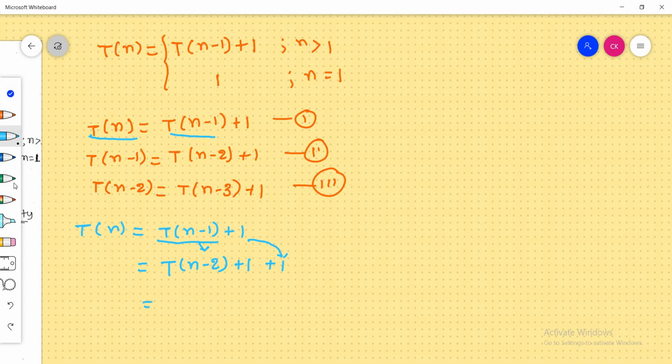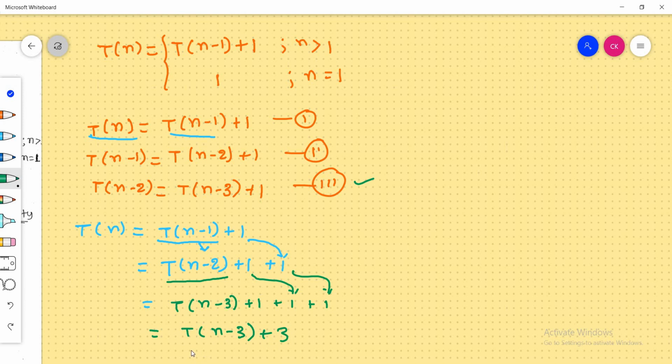Now in place of this T of n minus 2, can we write T of n minus 3 plus 1 from equation 3? And this one is plus 1 and this one is plus 1. If you sum it, it will be T of n minus 3 plus 3.